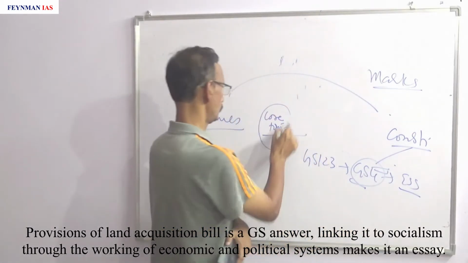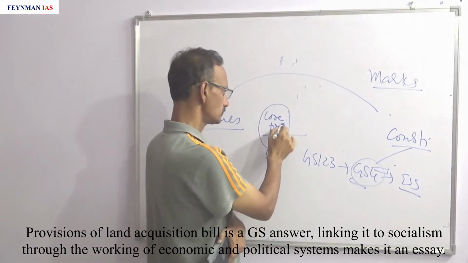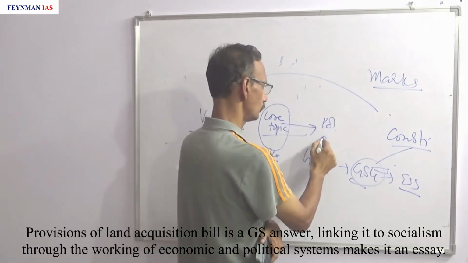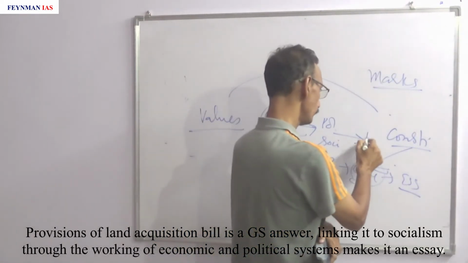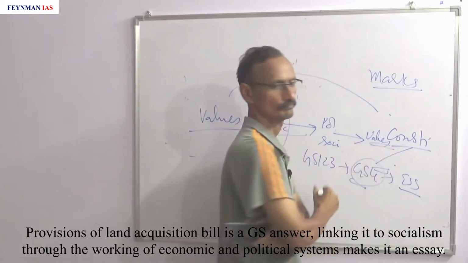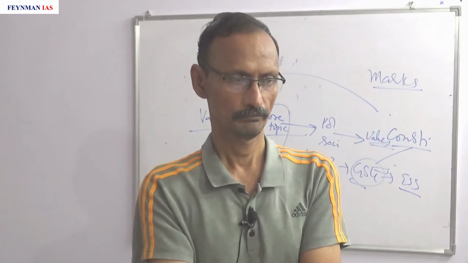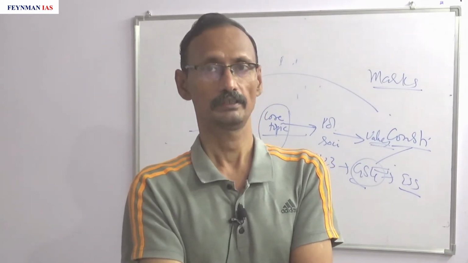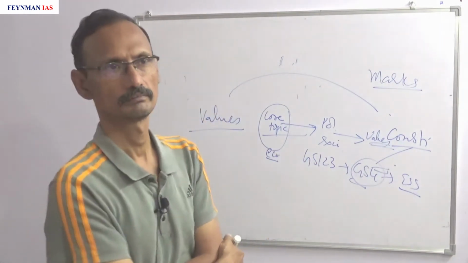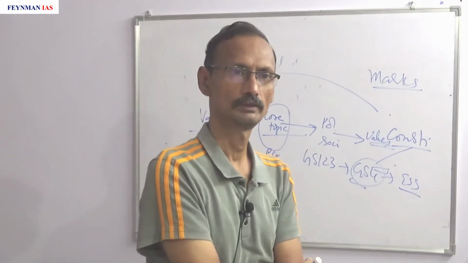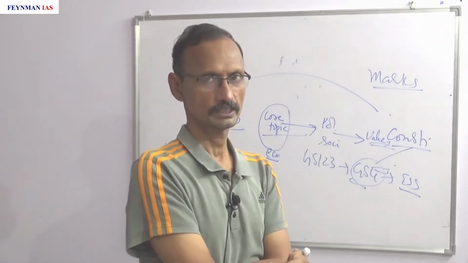There is a core economic aspect, but stretch this to political, social, and then stretch this to values. What kind of vision did India share? Socialism, equality, opportunities for all. So given those values, what kind of land acquisition law should we have?